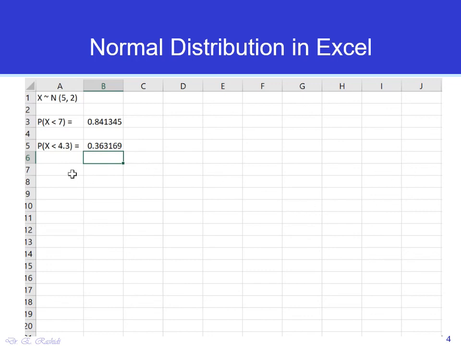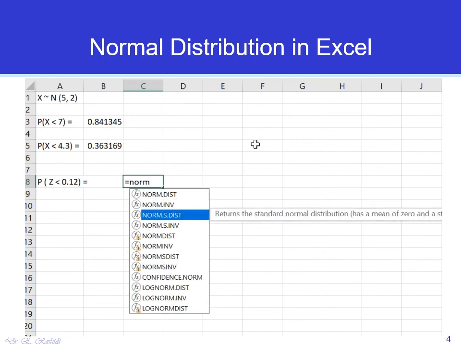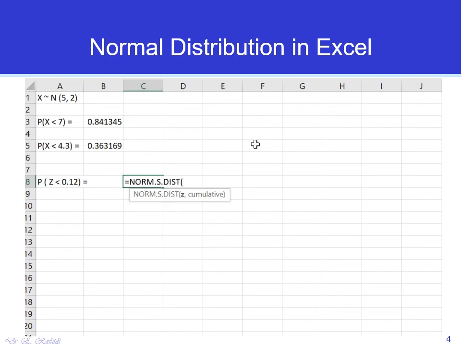All right, and if you want to find, for example, the probability that for a z distribution, z is less than 0.12, the function for that is norm.s.dist, where s stands for standard distribution.